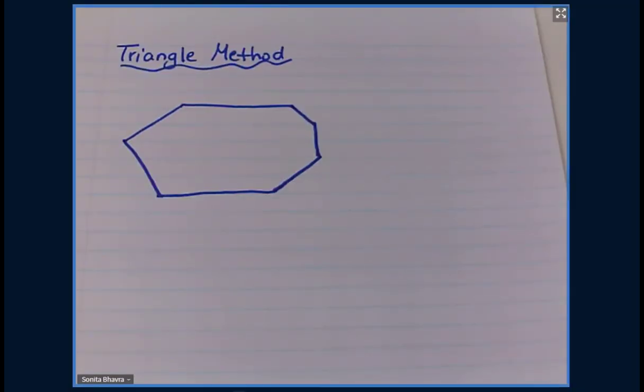The methods we've talked about so far: the first one was the protractor method, the second was the formula method. The third method is called the triangle method. With this method, you're going to pick one vertex and draw triangles extending from that vertex. What we know from triangles is the interior angle sum of all triangles is always 180 degrees.